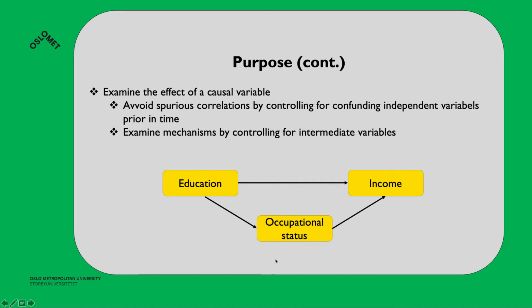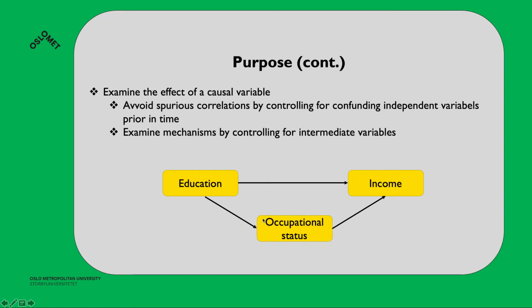And if you, for example, want to investigate how occupational status affects income, we have to control for spurious correlations by controlling for confounding independent variables prior in time.